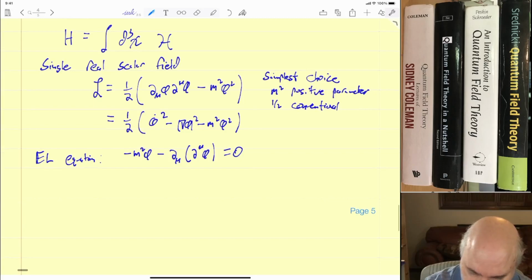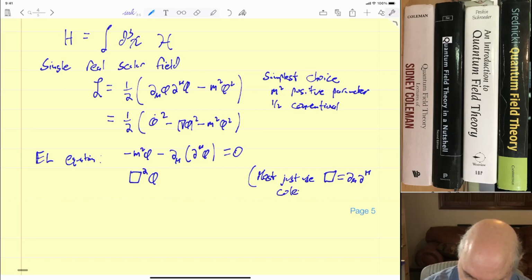We can rewrite this. Coleman uses a funny notation, box squared phi, if you take away the negative signs. Most other people just use box equal partial mu partial mu.